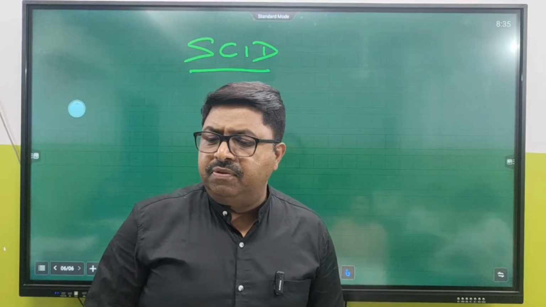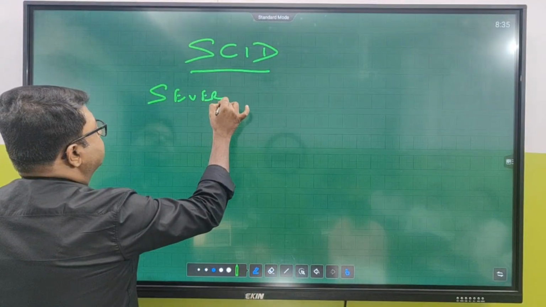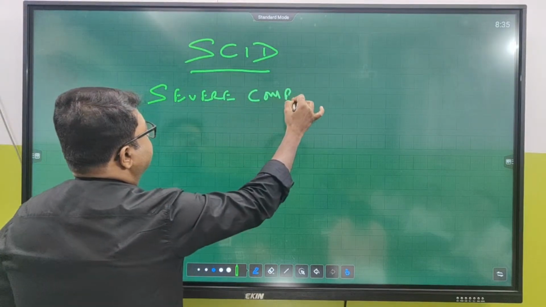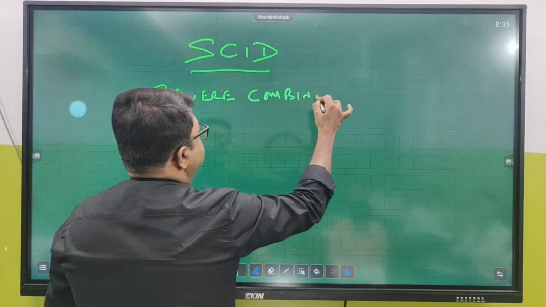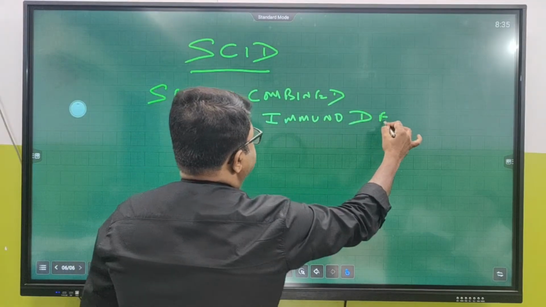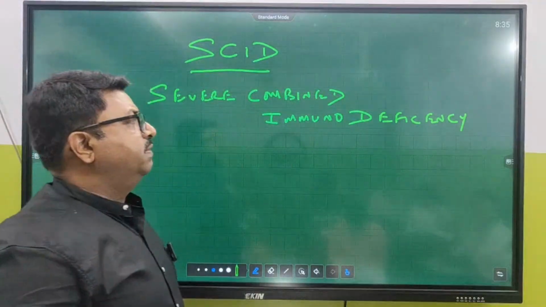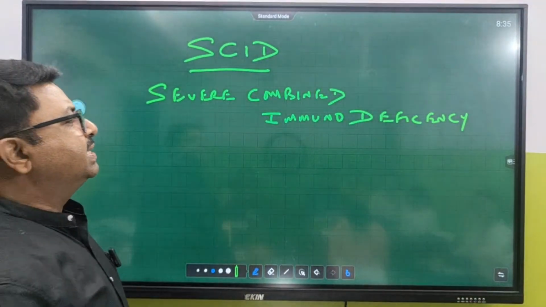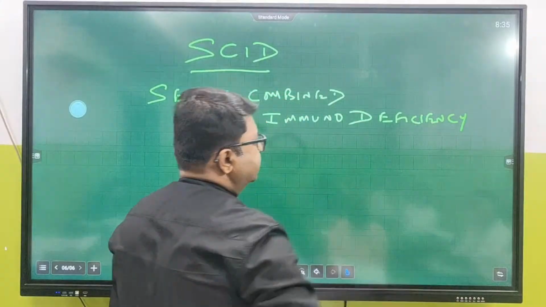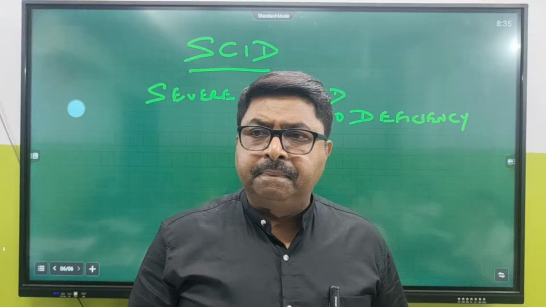What's the full form of SCID? SCID means severe combined immunodeficiency disease.